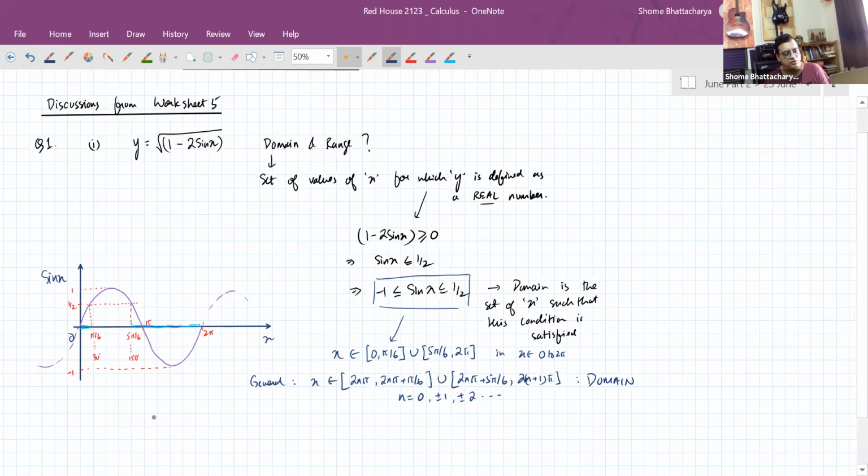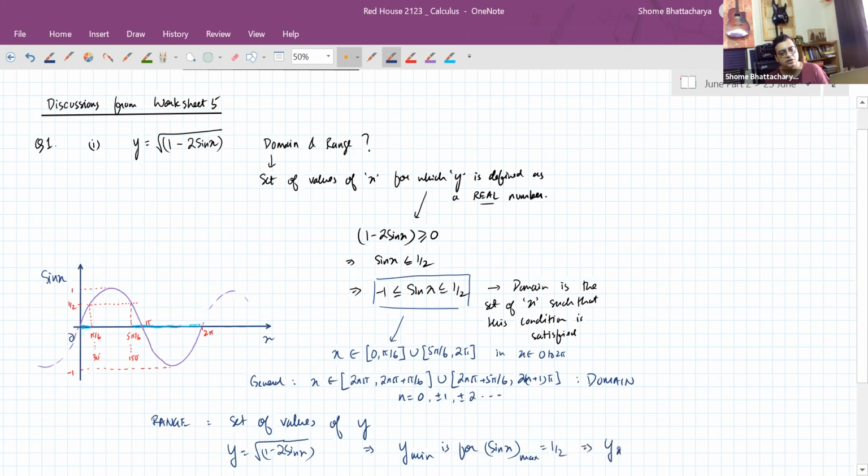Now, next thing, let's talk about range. So range is the set of values of y. In this particular case, you can see y is equal to square root of some term. So y's minimum value is when sin x is maximum, which is basically half.